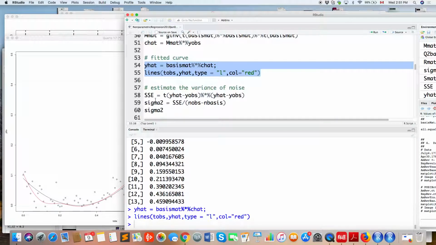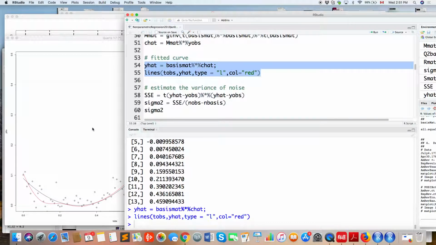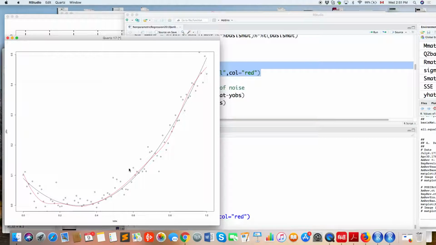Okay, so if we plot this, these red lines here will be the fitted curve. When we look at this fitted curve, we can see generally it is a little bit overfitting, right? It looks less smooth than the true curve.